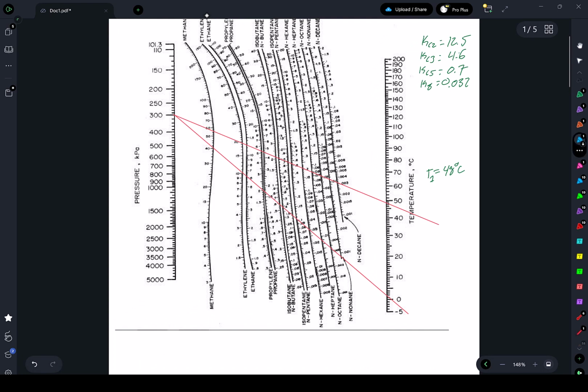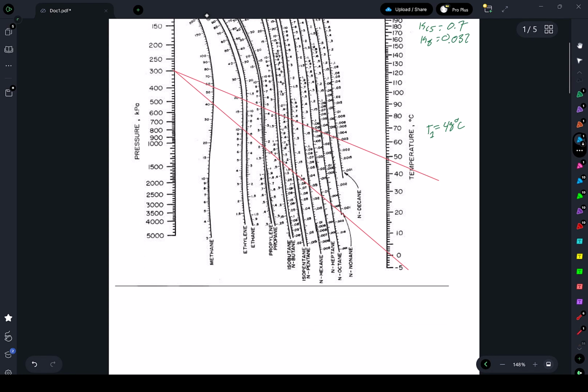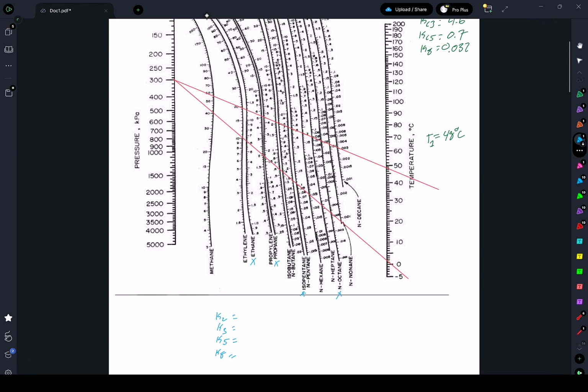Let's read these new values now and see what we get. I'm going to change the color. So for this, we have ethane, propane, isopentane, and octane. So we have a K2, K3, K5, and a K8. Looking at our ethane, it's about 6.1. For our propane, it's about 1.7.